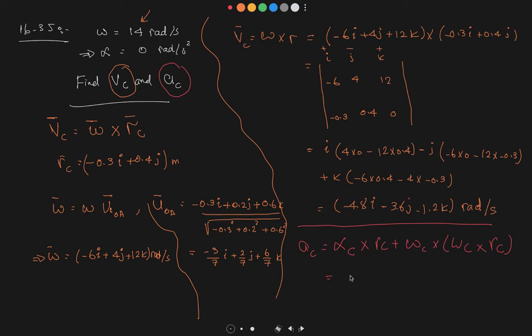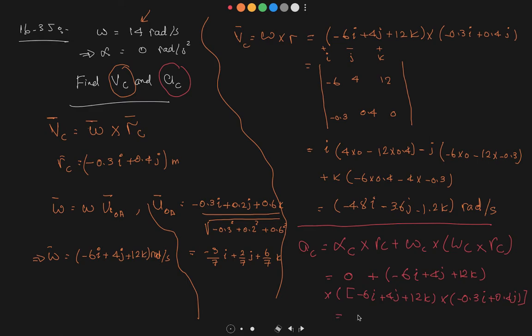So we know that alpha is constant, so this is 0 plus minus 6 in the i plus 4j plus 12k cross minus 6 in the i plus 4 in j plus 12k, right, twice. This is cross the RC, which was minus 0.3 in the i plus 0.4 in the j.